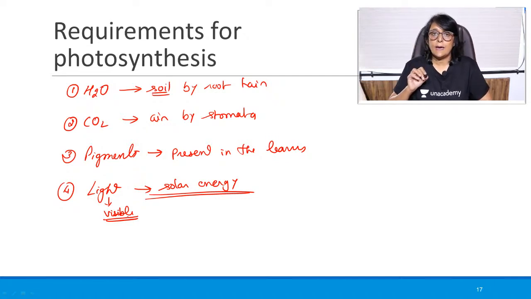Why do you see red? Because that particular pigment or that particular molecule absorbs all wavelengths except red. So chlorophyll appears green because it absorbs all other wavelengths except green. That is why the color.